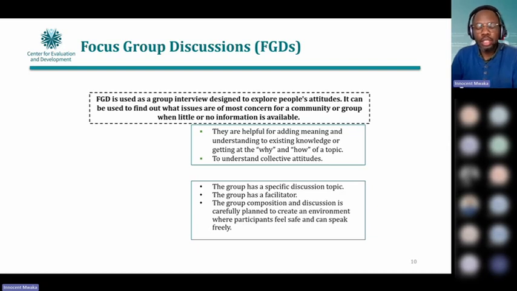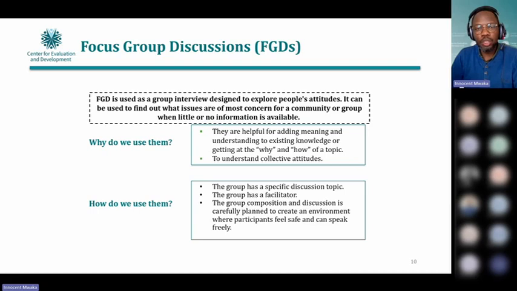Usually how we do this is that we have a structured guide with certain topics that we want to discuss with the group, and we usually have 2 facilitators, and we try to make sure that the characteristics of the group members are similar, related to the topic that we want to discuss.